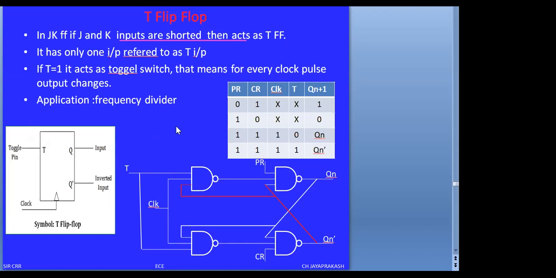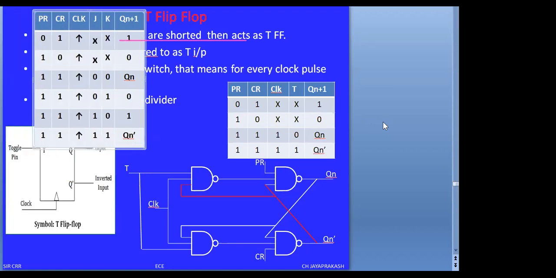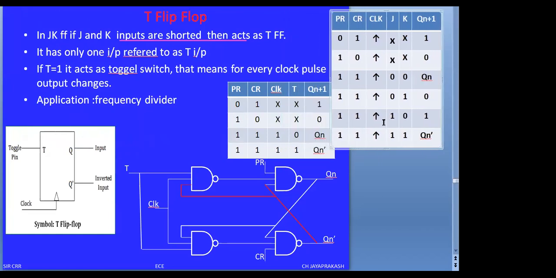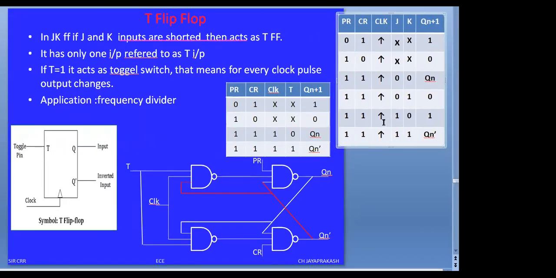Observe here the functional table. If you observe the functional table of JK, we are discussing J equals 1 and K equals 1.